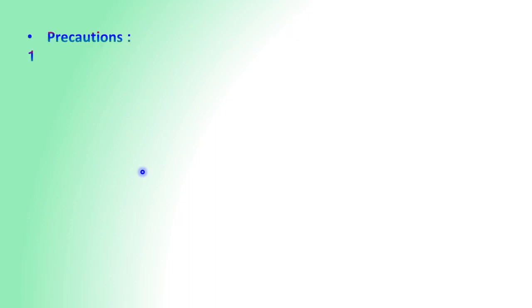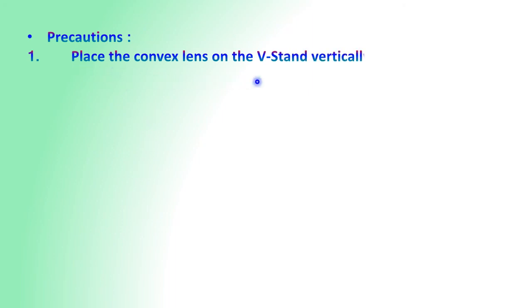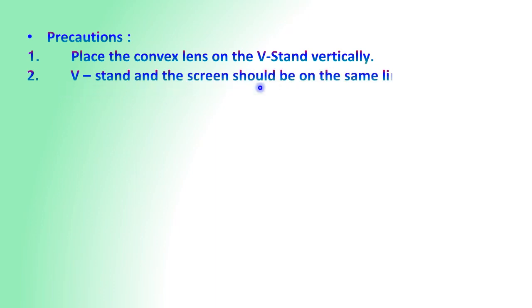Precautions. We have to place the convex lens on the V stand vertically. That is the first precaution we should observe. Next, second one is V stand and the screen should be on the same line.